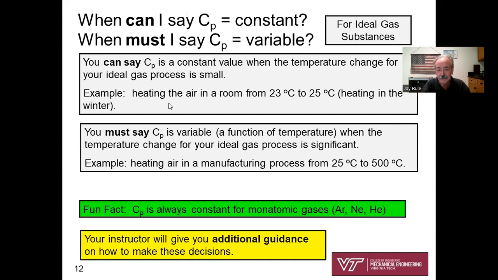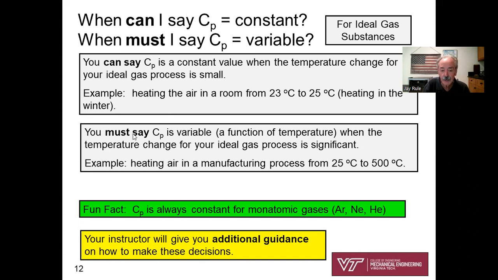I'm going to add heat to the room, only heating it up by 2 degrees C. That's a small temperature difference, so we're going to treat CP and CV as constants. Remember, CP minus CV is equal to R, so either way. For a small temperature difference, we treat CP as a constant, and if we were looking for change in internal energy, we would treat CV as a constant.